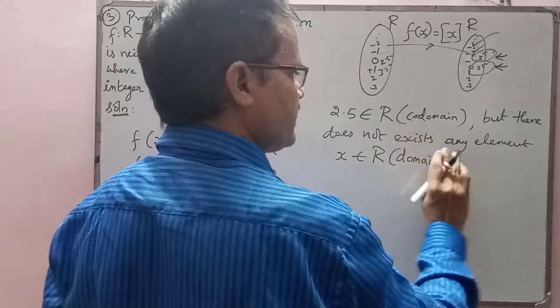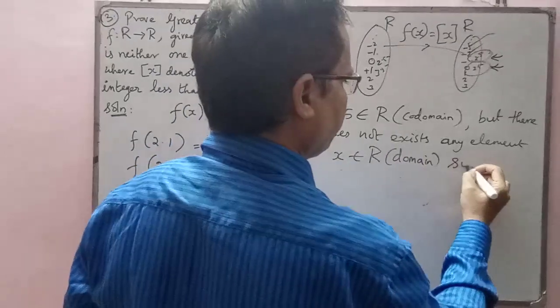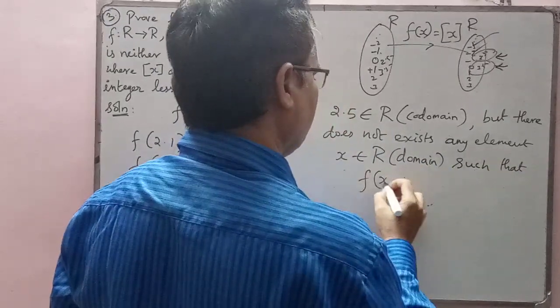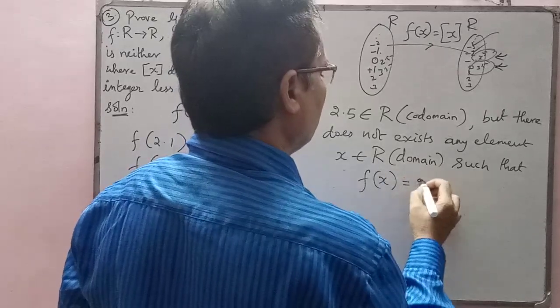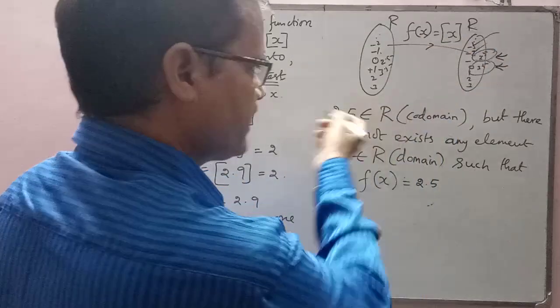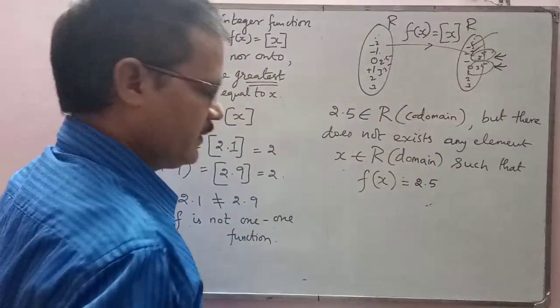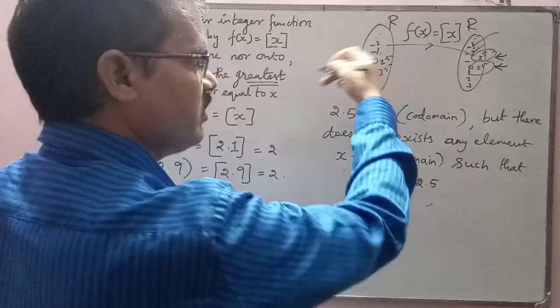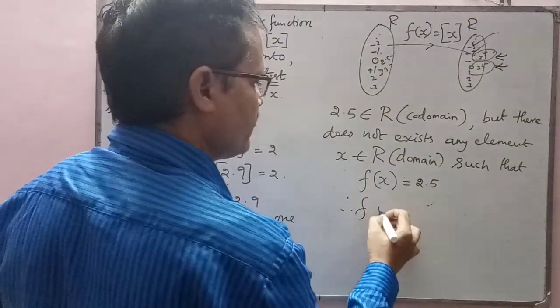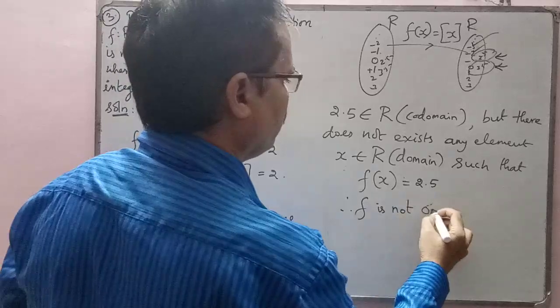But there does not exist any element x belonging to R, here we mean the domain, the input, such that f of x will map to 2.5. You cannot map anything to 2.5. It is left. This is one example we have taken. There are a lot of such numbers. Okay, children, these decimal numbers will not get mapped. Therefore, f is not an onto function.